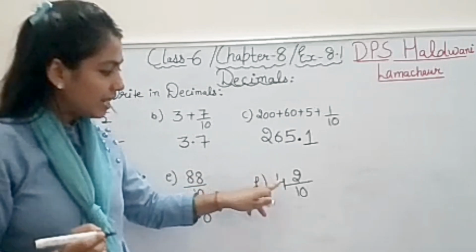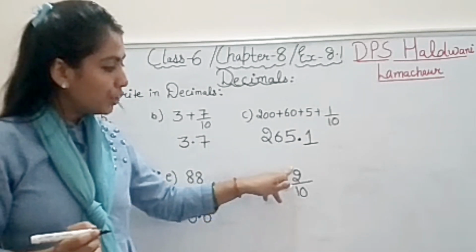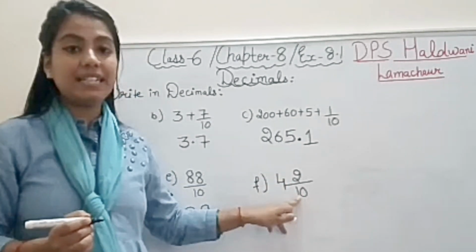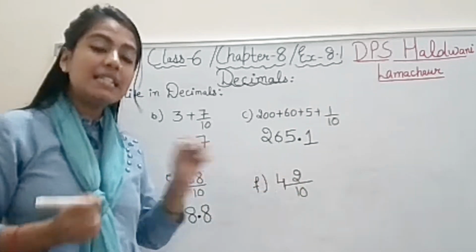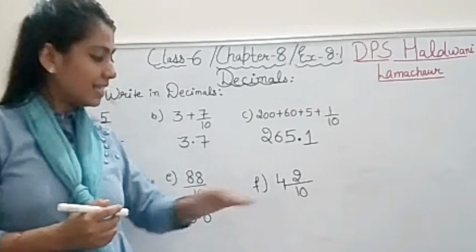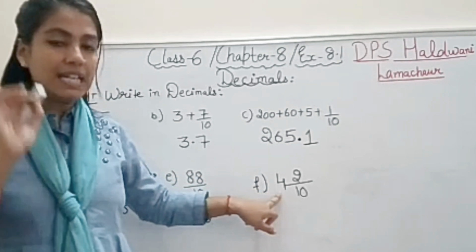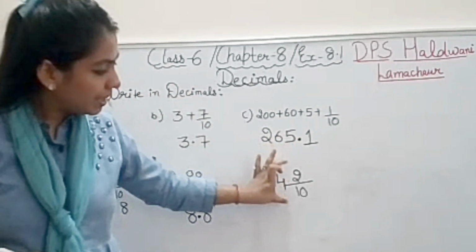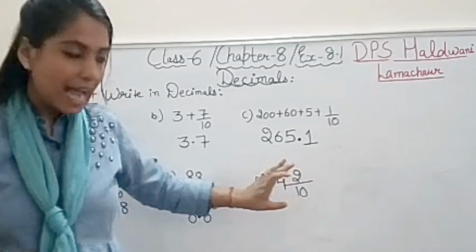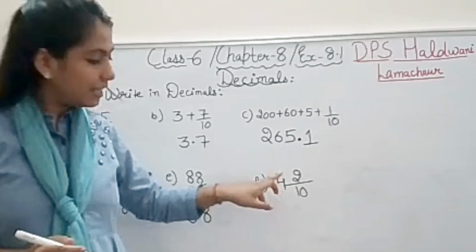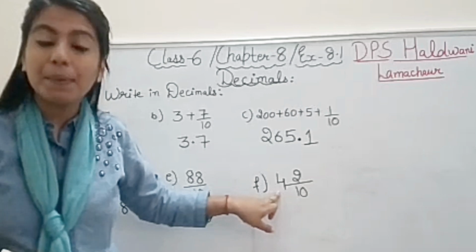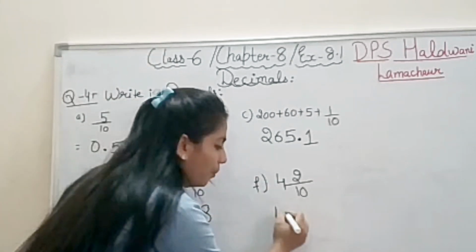Right? F part. Now student, we have 4 and 2 by 10. It is a mixed fraction. How will you write this term? See, what is the definition of a mixed fraction? It is the combination of a proper fraction and a whole number. It means this is the whole number part, so it is 4.